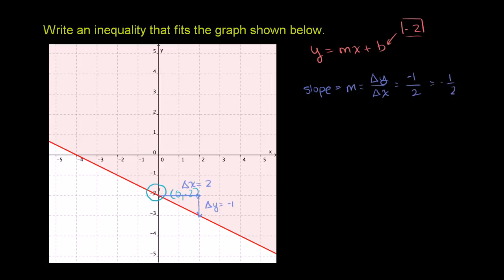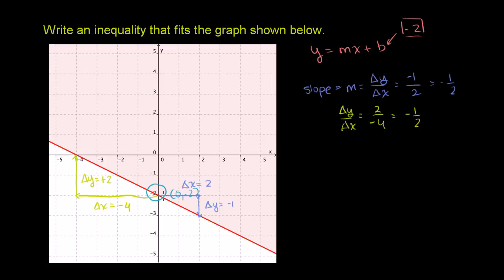And just to reinforce that you could have done this anywhere. You could have said, what happens if I go back 4 in x? If delta x is equal to -4, then delta y is equal to +2. And once again, delta y over delta x would be +2 over -4, which is also -1/2.